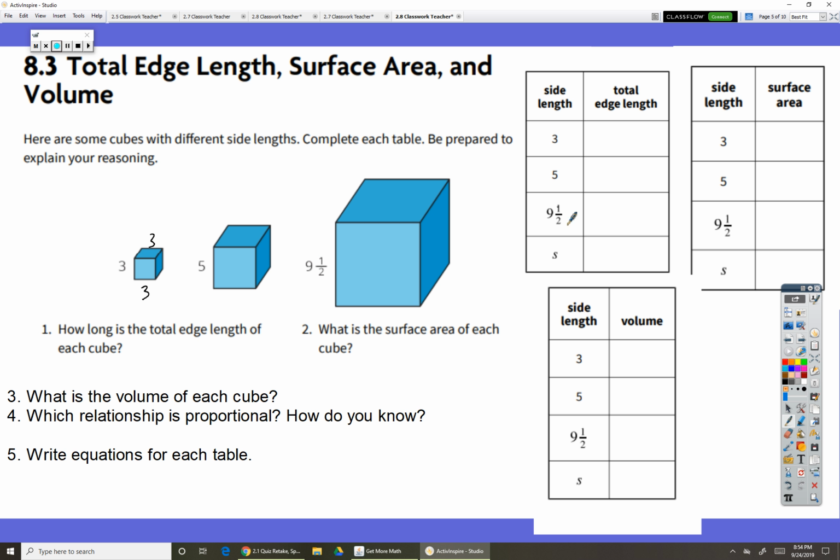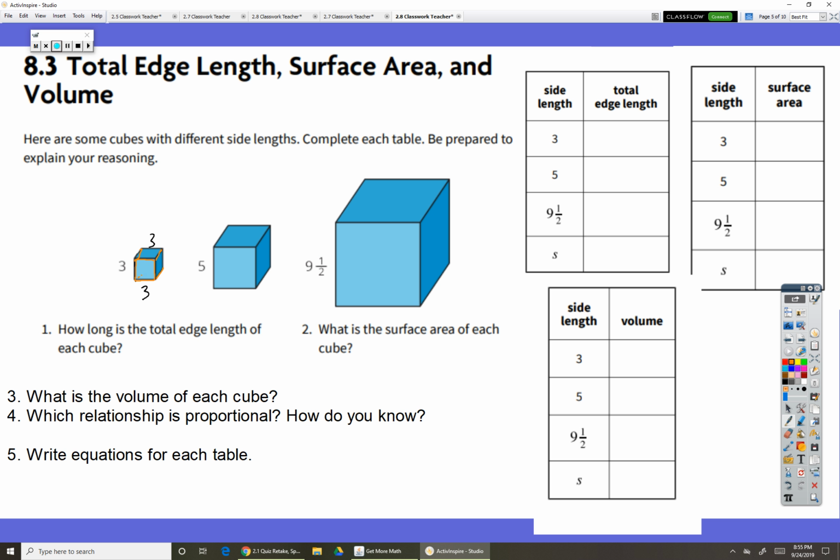So if we look at the total edge length, one of the sides is 3 units long. And we need to think, well, how many of those sides are there? How many of those edges are there? So just from what we can see in the front, there's one. Actually, let me use a color that you can see here. How about some orange? So we have 1, 2, 3, 4, and then we're going to have 5, 6, 7, and there's going to be another one going through here, 8.